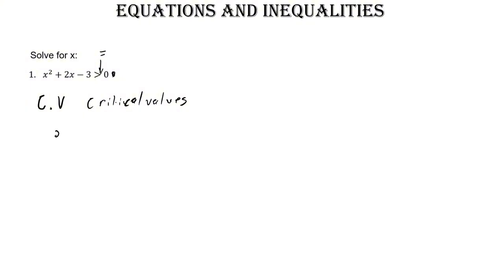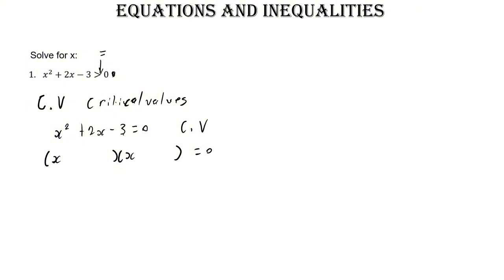So we have x squared plus 2x minus 3 is equals to 0. And I'm going to put a CV next to it to show that I'm collecting my critical values. So this is a standard trinomial because it's in the form of ax squared plus bx plus c. So I'm going to factor, put an x over there and an x over there.